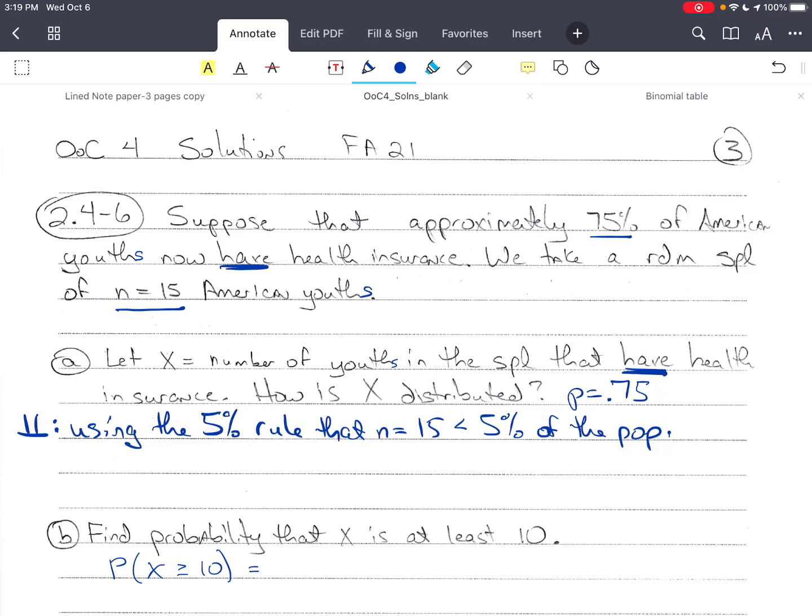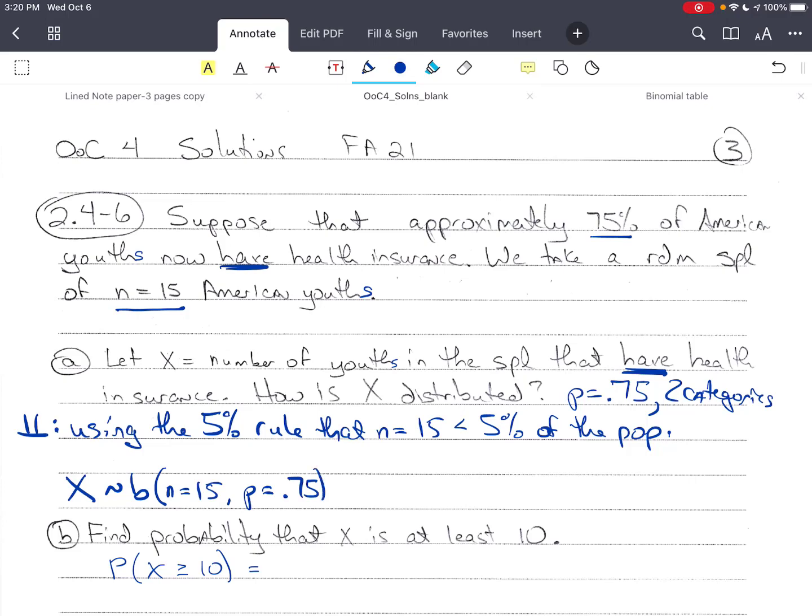There are two categories: have health insurance, don't have health insurance. They're independent, and we know n is fixed. Therefore, x is a binomial distribution with n equals 15 and p equals 0.75.